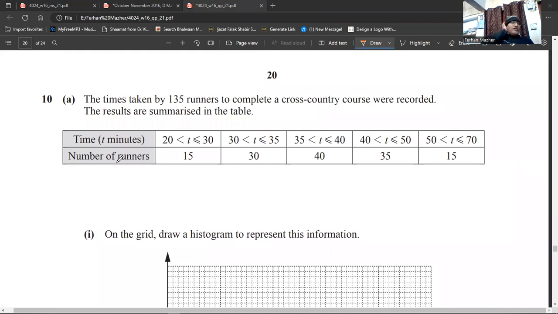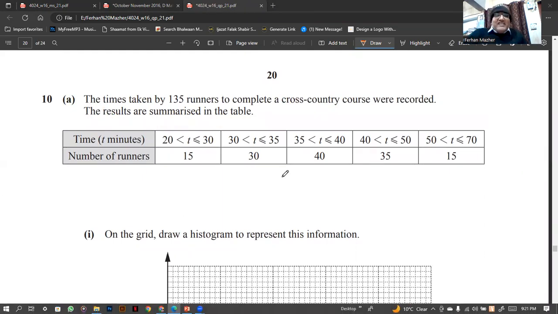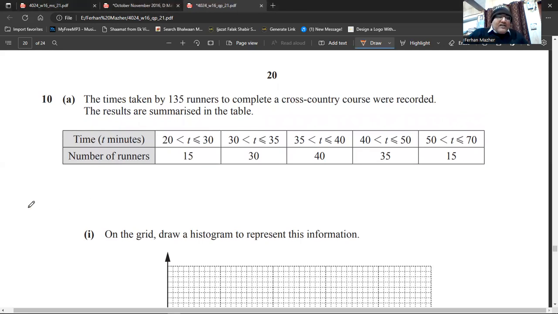You remember how we find the frequency density? That's very simple. The formula for the frequency density is the frequency of the class divided by the class width. Now the question is how you will find the class width. From this boundary, subtract this boundary.